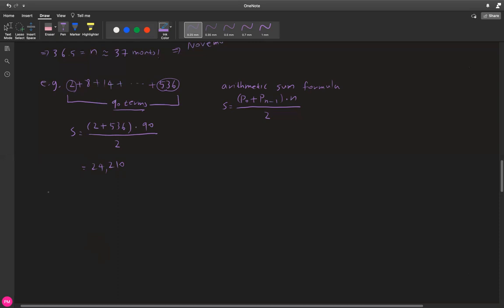But what if you're given something a little more complicated? This was a very simple example. So let's say the arithmetic sequence has the initial population as 17, and let's say the common difference, D, is given as 3.